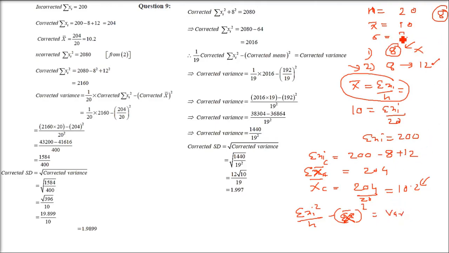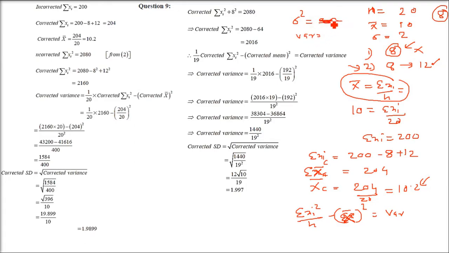Now sigma is 2, so sigma square is your variance. When the standard deviation is given, you just square it and that will be equal to your variance. So sigma square is 2 square, which is 4. Now 4 can be put in place of variance.